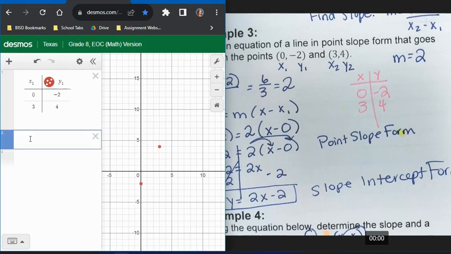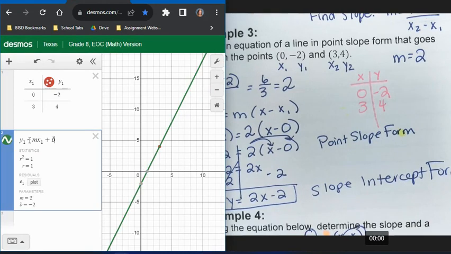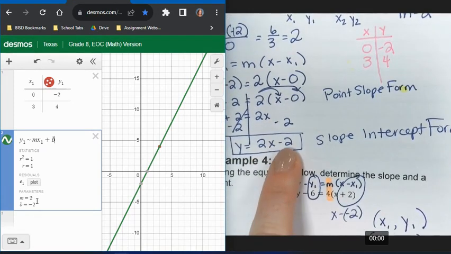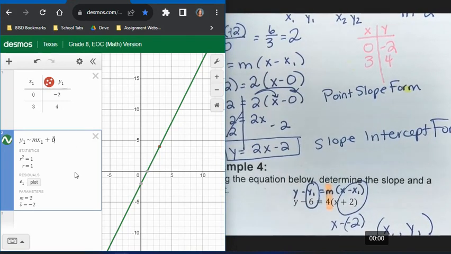We're going to do the linear regression. So everybody type this into number 2: Y1 squiggly MX1 plus B. Look how it gives us the M and the B. Look at this equation and look at what they've given us here: y equals 2x minus 2.